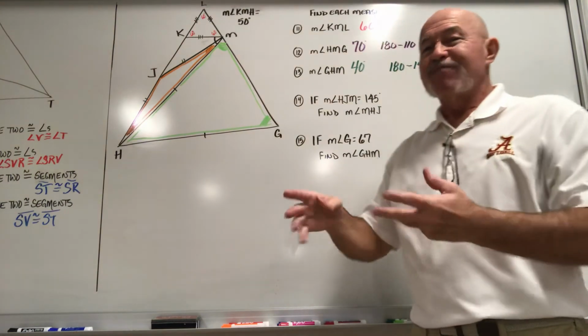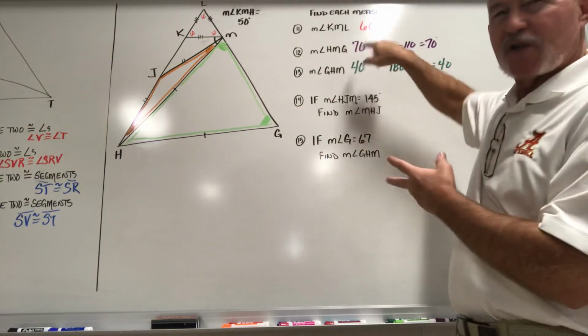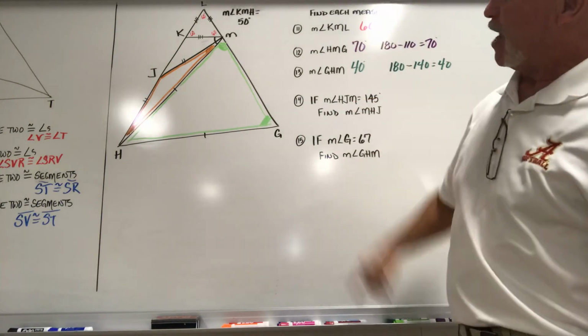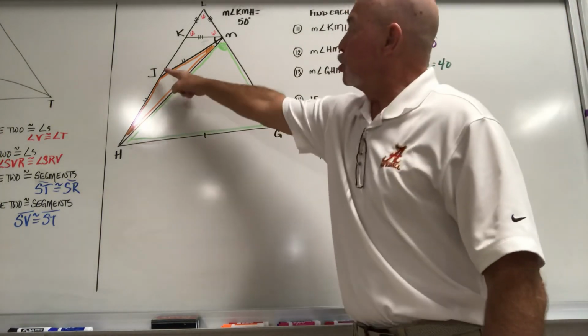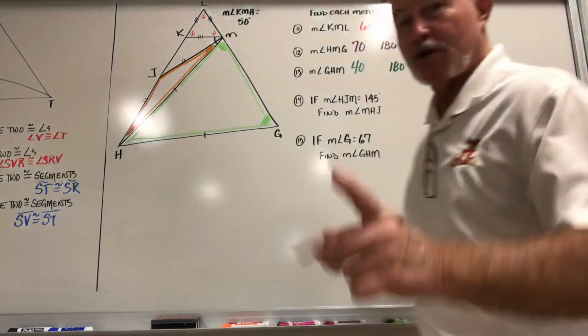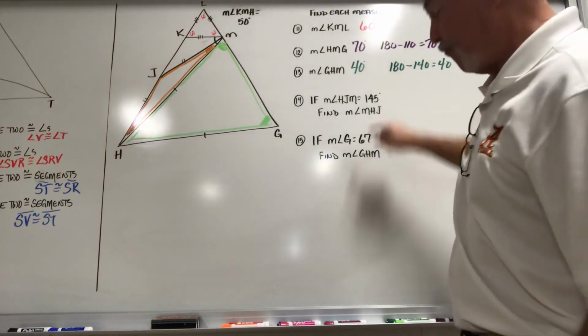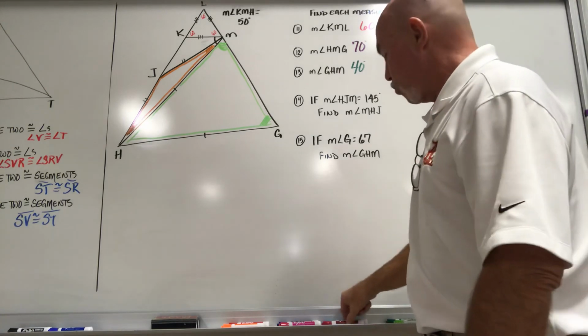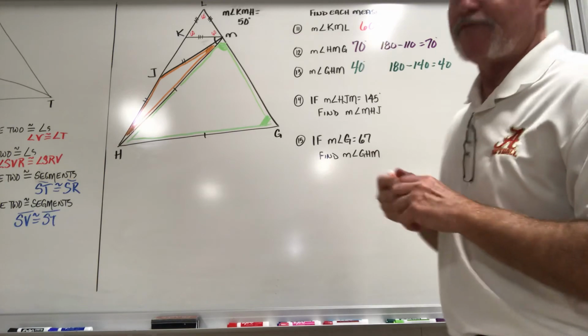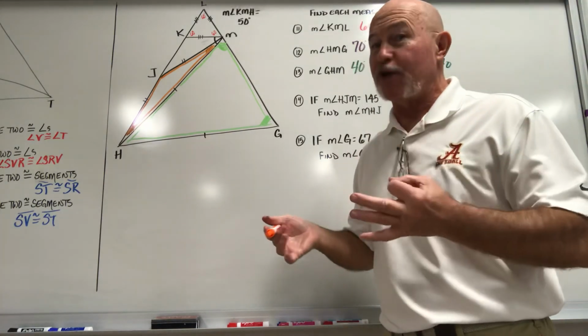That says, okay, these aren't really going to come into play too much. So if angle HJM, that vertex angle, is 145, 180 minus 145 is 35.